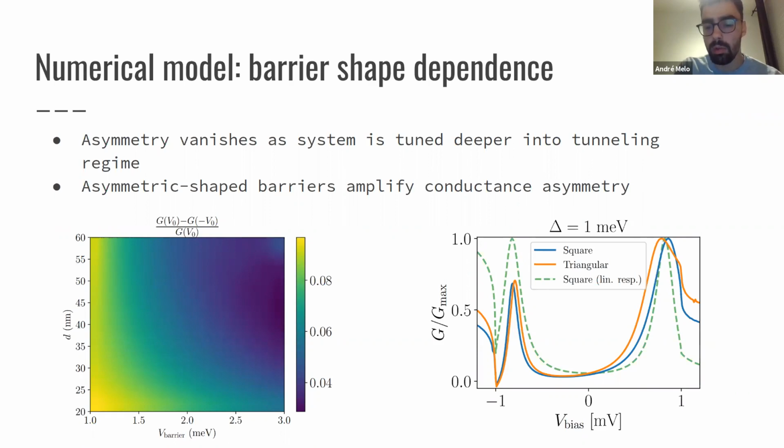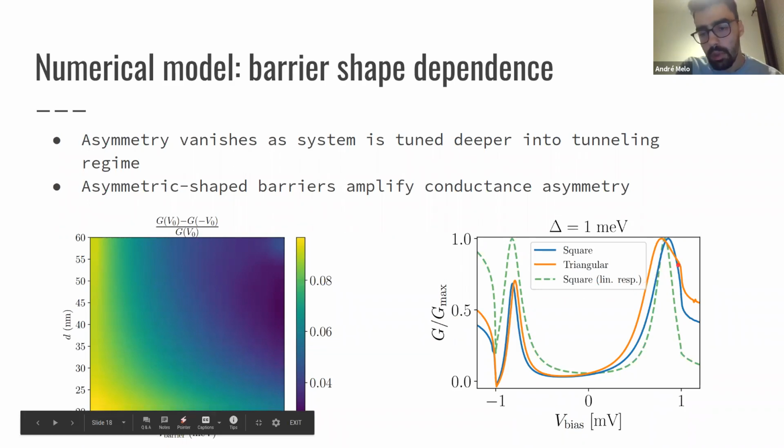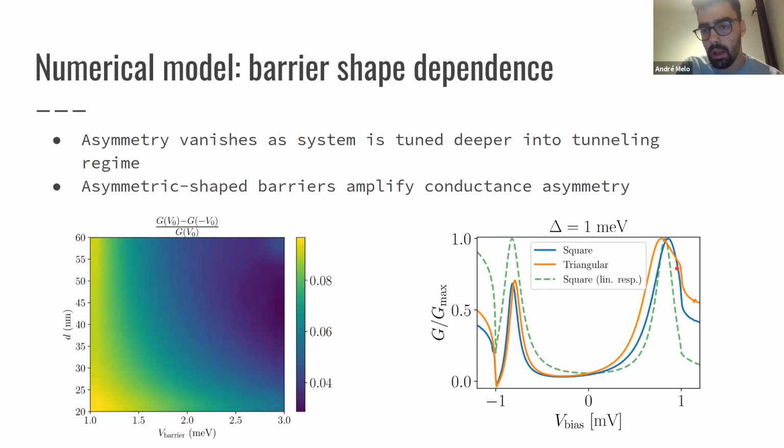The other thing we looked at is, are there other shapes of the barrier, not just the square barrier, that can cause more asymmetry? And it turns out that if you use a mirror asymmetric barrier, you can increase this asymmetry. So here we're looking at, in blue, the finite bias conductance for a square barrier, and in orange for a triangular barrier.